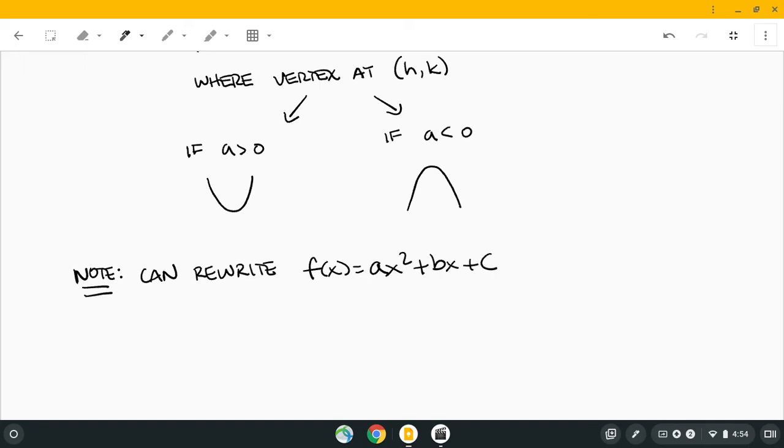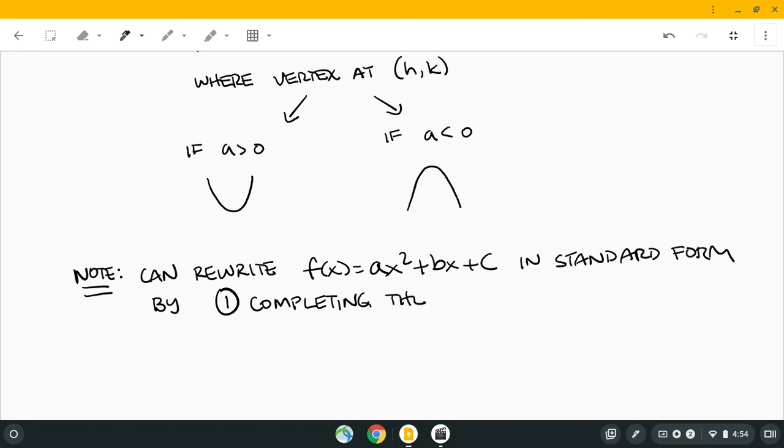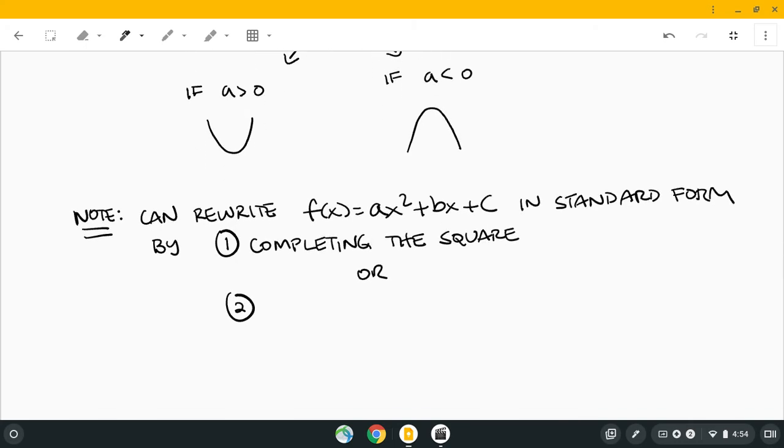You can rewrite this form in standard form by, number one, completing the square, which is the method we're going to be using, or two, finding a, h, k, i.e. a and the vertex, because the vertex is at (h, k).